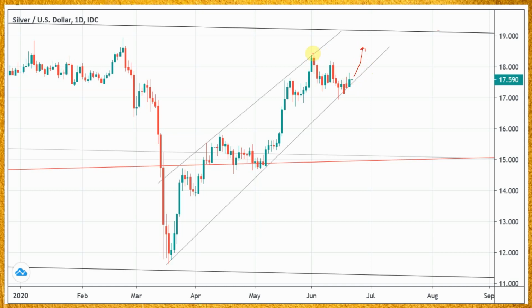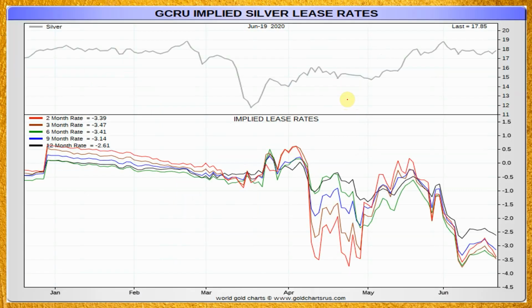I'd be probably more confident if price were to break around, say, the $17.90 level. But if we break below that, I think we've got pretty strong support here, just above $15. So we really need to watch that upward sloping trend line to see where it goes.